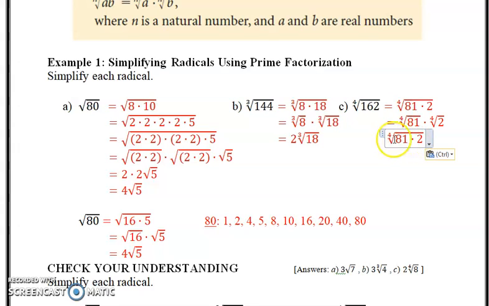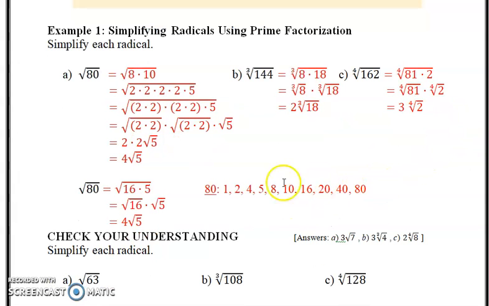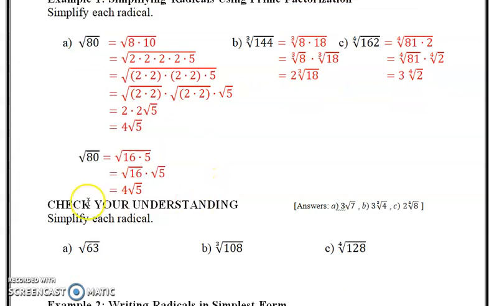Which is equal to, the fourth root of 81, as we know, is equal to 3. We did that earlier. So it becomes 3 times the fourth root of 2. All right. And again, you can use the prime factorization method. I'm not going to. I'm doing this like I showed at the bottom here, using the factors of your number.